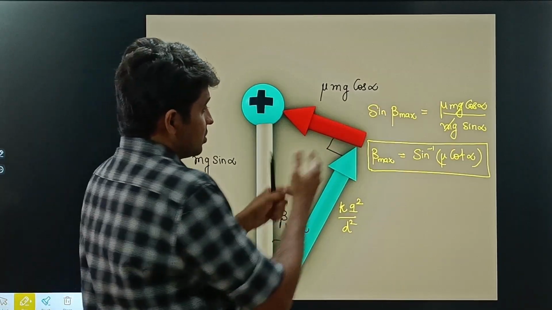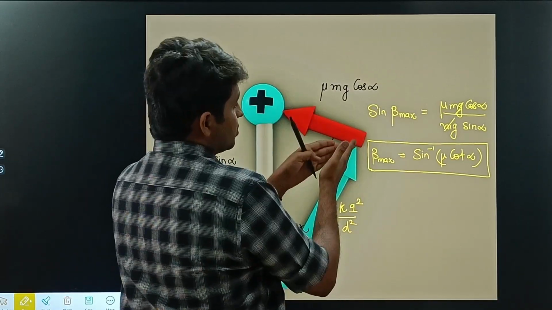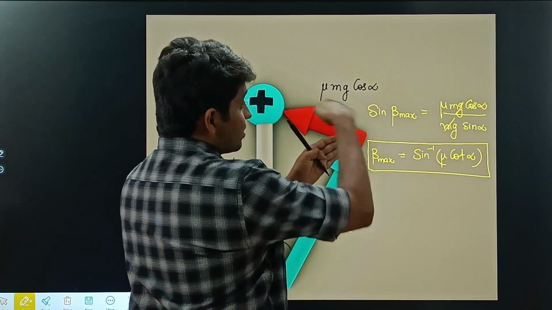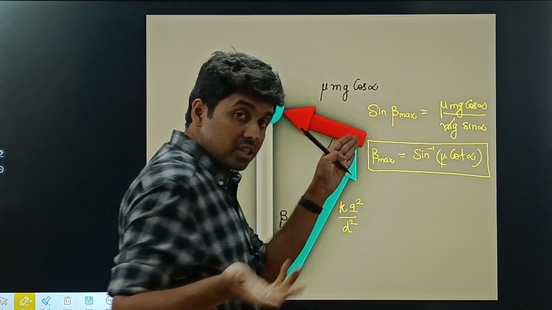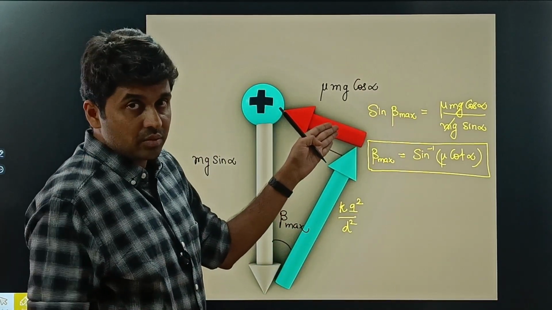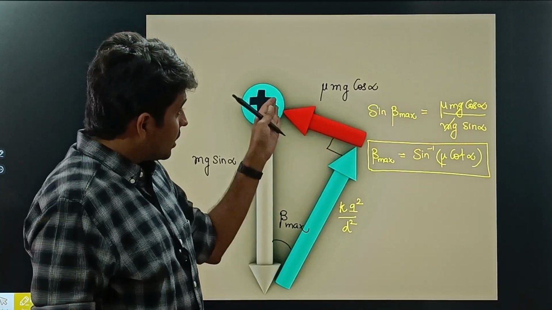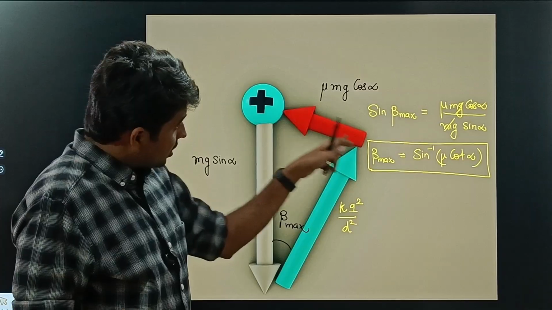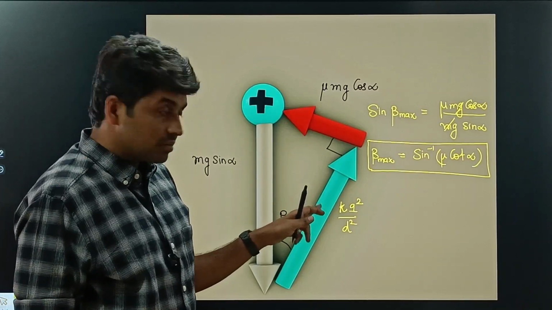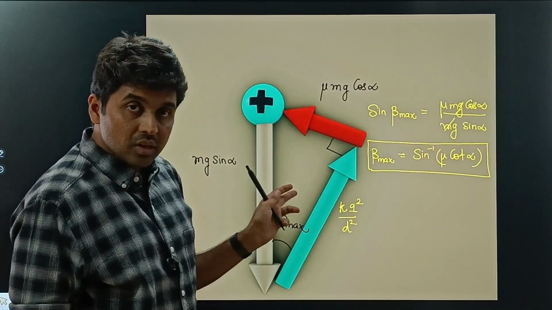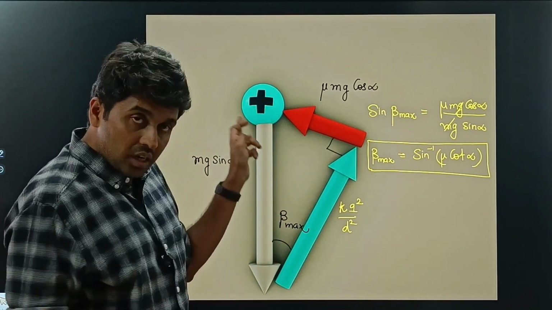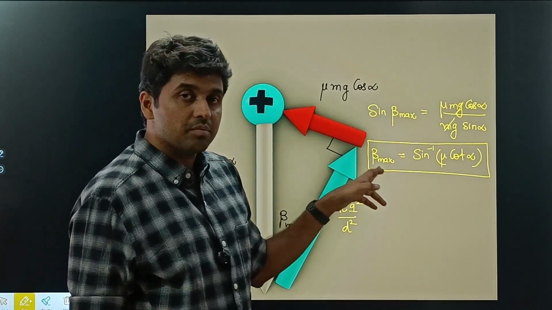If suppose I rotate it, if for this given angle, this is extended even further, this length will increase even more. Can friction go above a certain maximum value? It cannot go. So that means we cannot go this side. If I come this side, again the length of this vector has to become more. So it will become more than the friction max. So there is a unique value of distance where this charge will be at rest at this beta max.